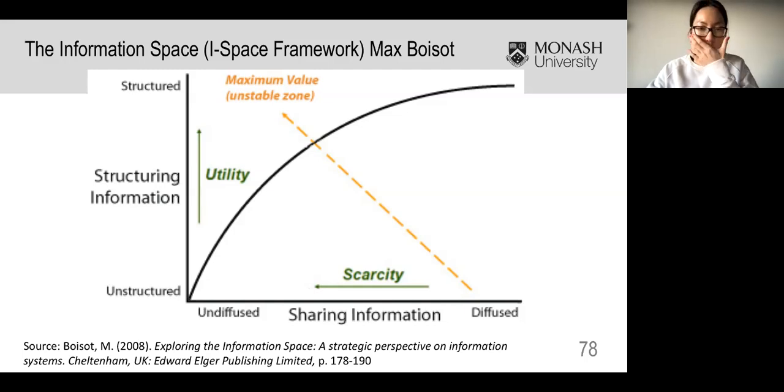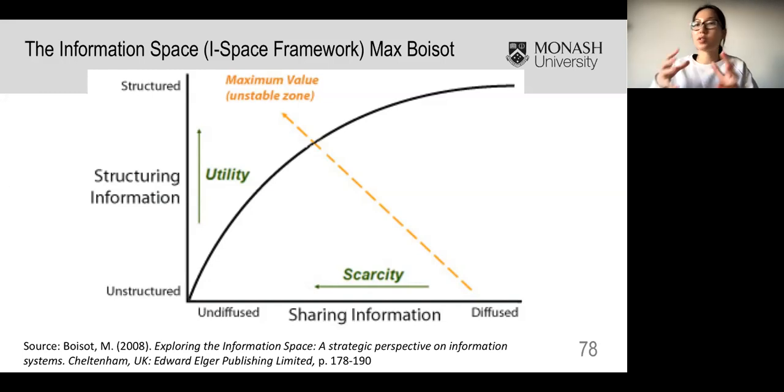I would give it a go. On the left-hand side, the more structured the information, the more people can use the information. It will increase the utility of the information. For example, if you have a process, more people can use the process.